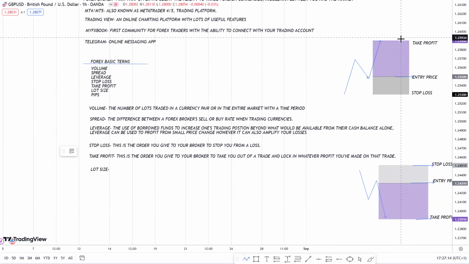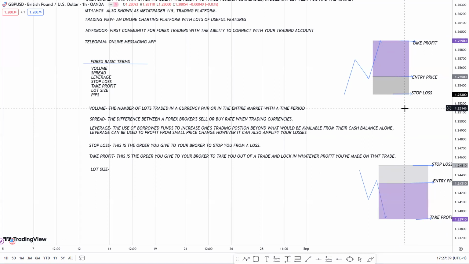So we are now going to go deal with lot size. Then we're going to deal with pips. I'm going to take you guys through what lot sizes are, what lot sizes you're supposed to use on whatever trading position you want to use, on the account size that you have.